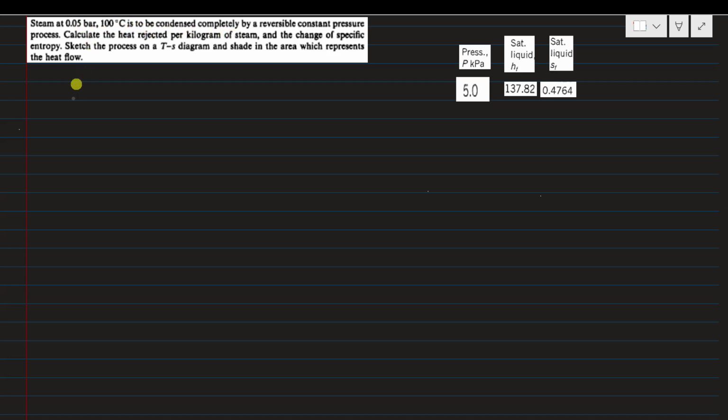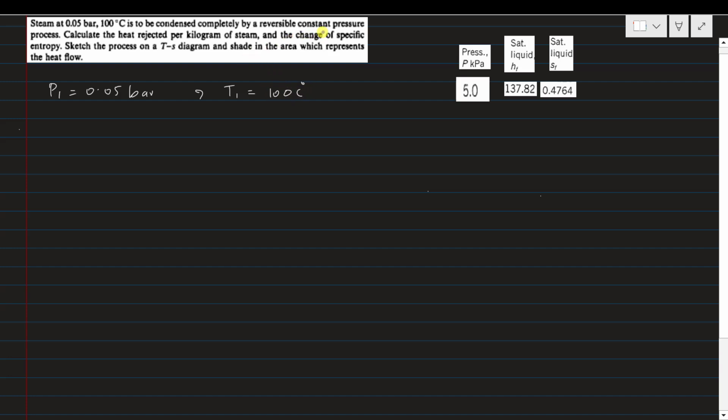Initially the pressure given is 0.05 bar, but remember it is mentioned that the condensing process takes place at a constant pressure. So throughout the process, the whole process takes place along one pressure line, that is 0.05 bar, and the temperature T1 is equal to 100 centigrade.